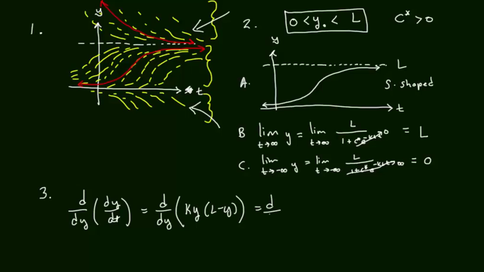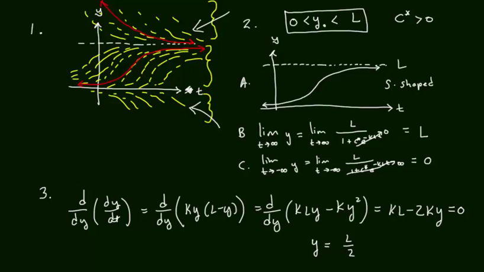Now I will distribute that to be kLy minus ky squared. Then I'll take the derivative, and that derivative will come out to be kL minus 2ky. I'm trying to find the maximum, so I'll set the derivative equal to 0, and that will give me, after I simplify, y equals L over 2.